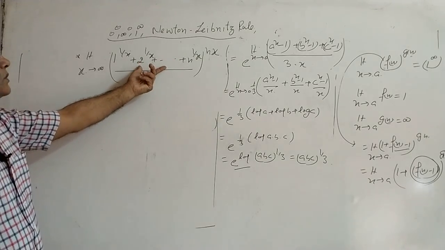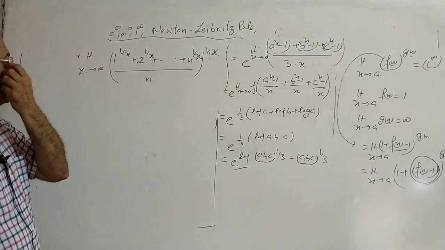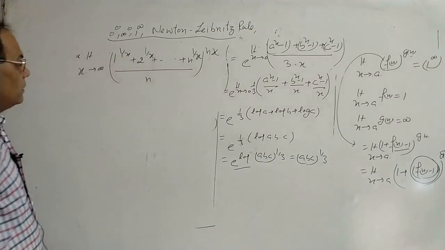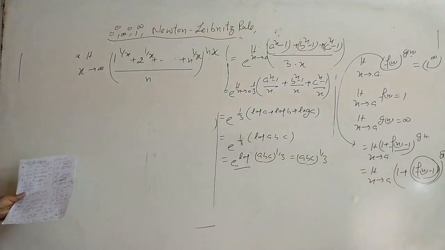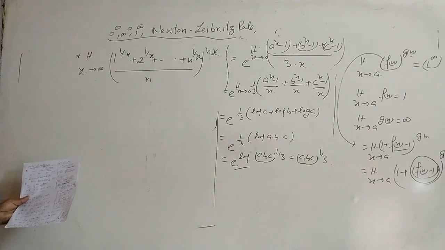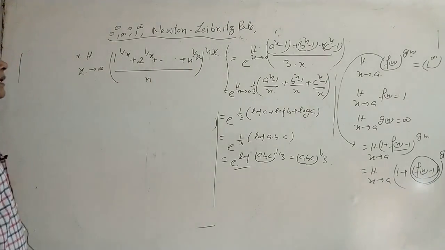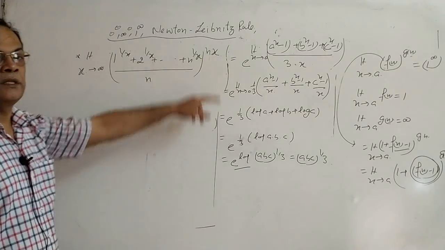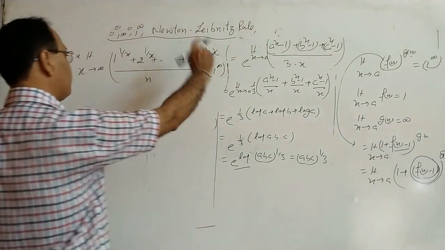It means these all are n by n, it is 1, and the sum of these all natural number becomes 1 raised to power 1 up to n raised to power 1, that becomes n by n, that becomes 1, and again when x approaches to infinite, it is in the form of 1 raised to power infinite.